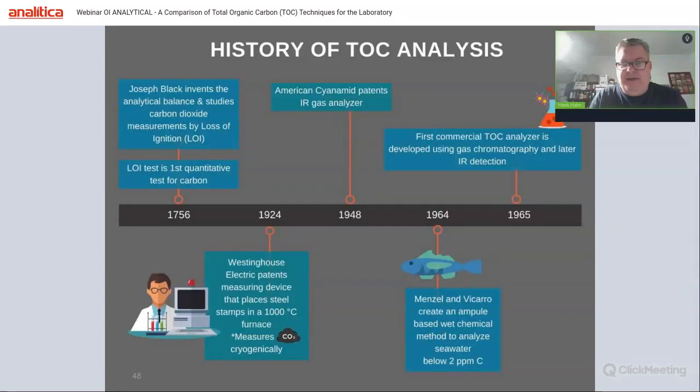Menzel and Vaccaro created an ampule-based wet chemical method to analyze seawater. And that was sort of what we had done with our first models, with that purging and sealing ampule apparatus. The first commercial TOC analyzer, developed using gas chromatography and later IR detection, was in 1965.